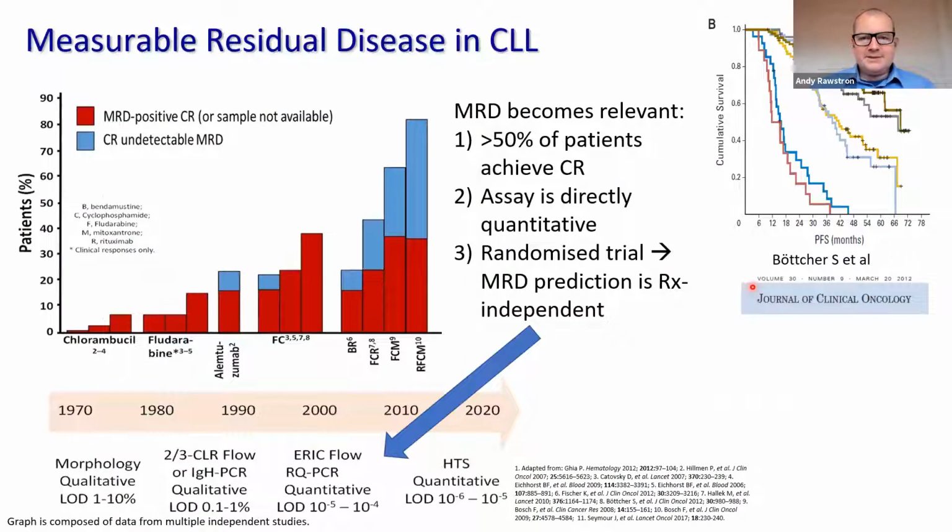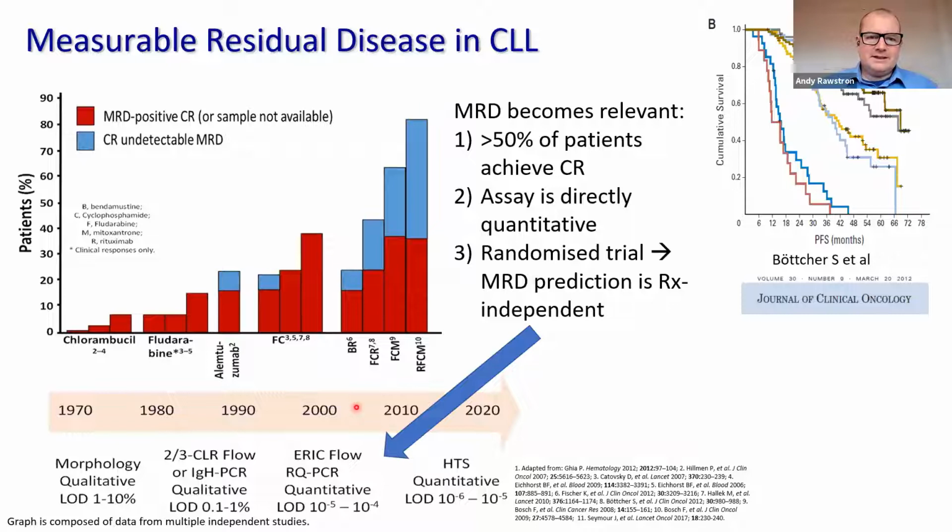I guess a sort of overview of monitoring technologies is that the type of technology you use, or is available, varies according to how well the patients are being treated. So at the point that people were having largely palliative treatment, high sensitivity assays were not really required. But now we get to the stage where the majority of patients are achieving CR.